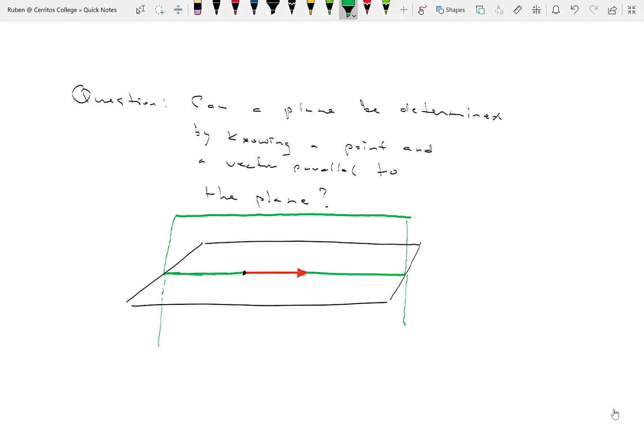So in fact, there are an infinite number of planes that contain one vector and a single dot. So there's no way to identify a single plane by knowing a point in the plane and a vector in the plane.